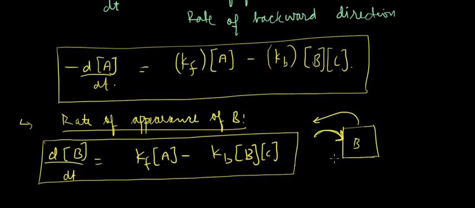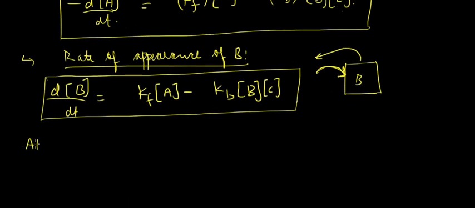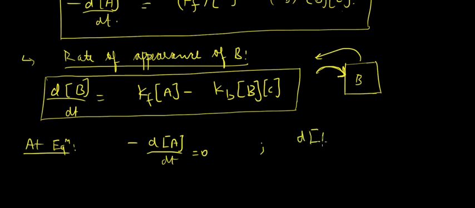Okay. And we can say that at equilibrium, neither A would be disappearing nor B would be appearing. So we will say that -d[A]/dt would be 0 and d[B]/dt would also be 0.